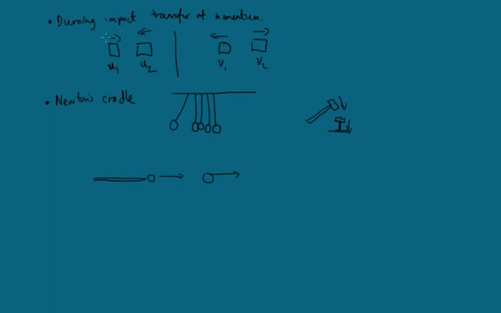That doesn't mean that this object will have the same momentum after the impact as it did before. It means that the whole system, if you were to add the momentum of this object plus this object, and then add the momentum of this one plus this one, that total momentum is always conserved. And this is a really important principle in mechanics.